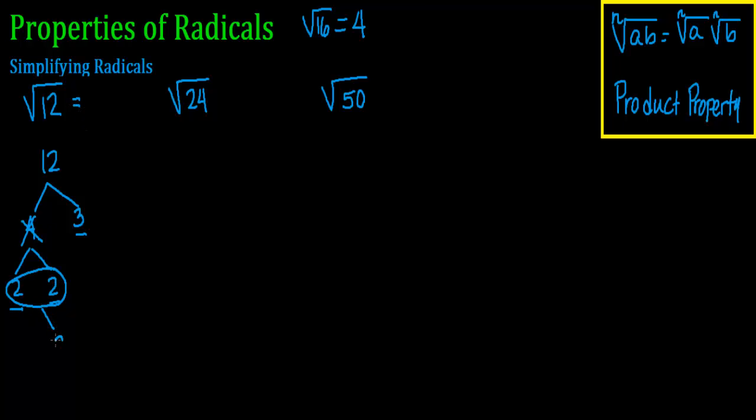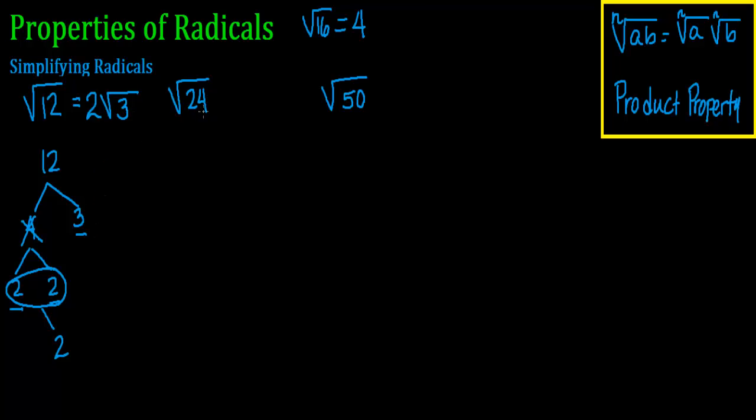That means that 1, 2 comes out of the radical. There it is, outside the radical. Anything else that is not in a pair stays inside the radical. 3 is not in a pair, so 3 stays inside the radical. So the square root of 12 is equal to 2 times the square root of 3. And we have simplified it.